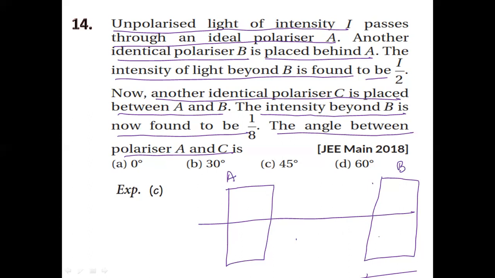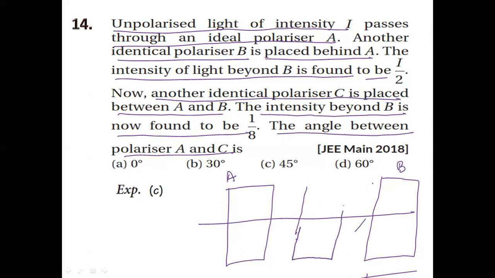Another identical polarizer is placed between A and B. Between A and B, the intensity beyond B is found to be 1 by 8.